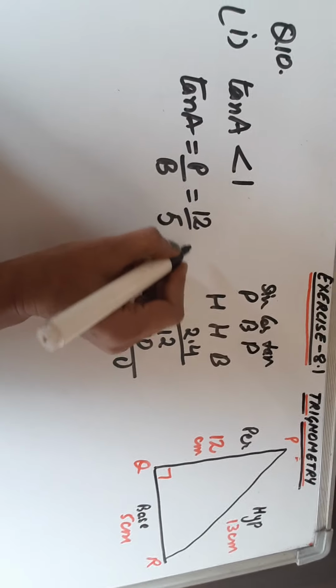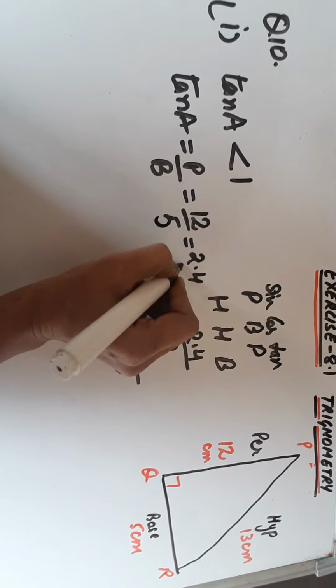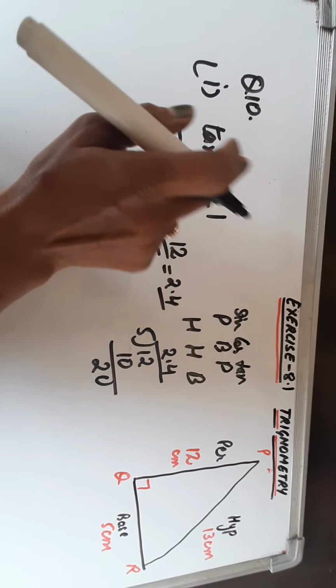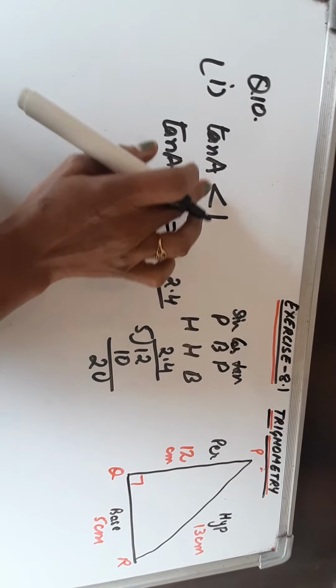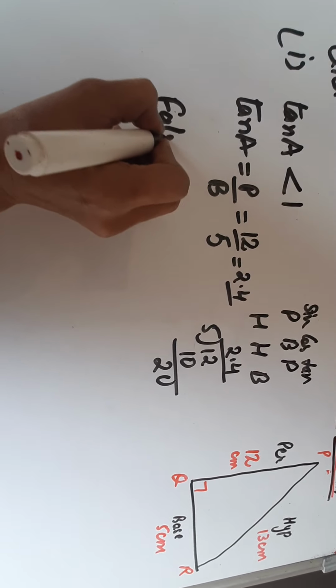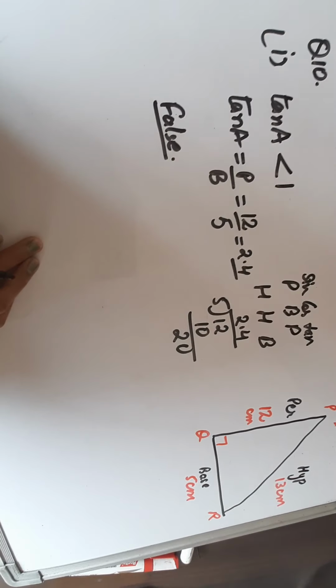So what value of tan is coming here? 2 point something, right? Which is greater than 1. But in the question they told us that tan is always less than 1. So the answer to the first part is false. So from here we have seen, it is false.